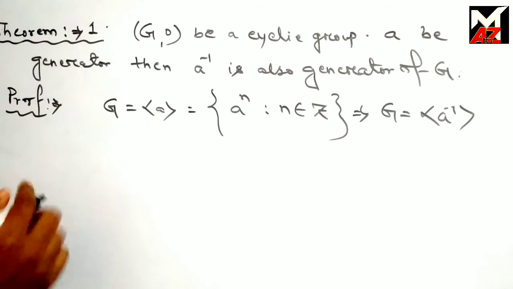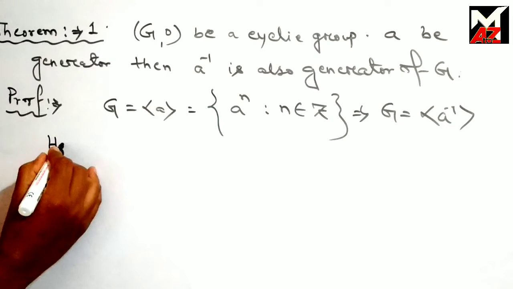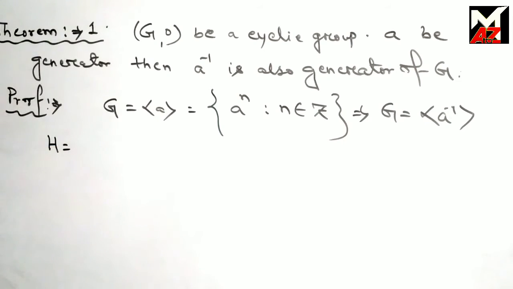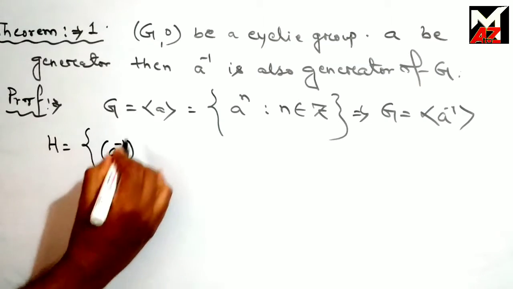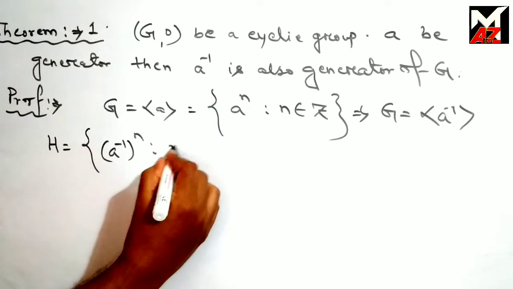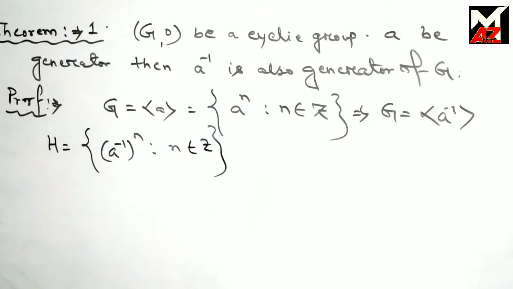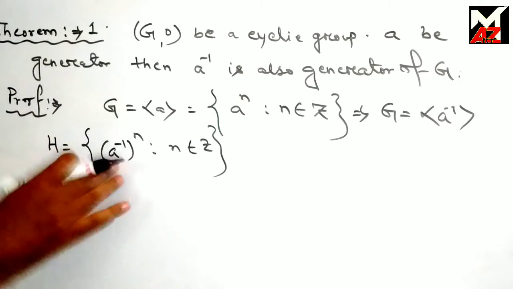Now to prove this, we first let H be a set which is generated by a to the power minus 1, that is the inverse of a.